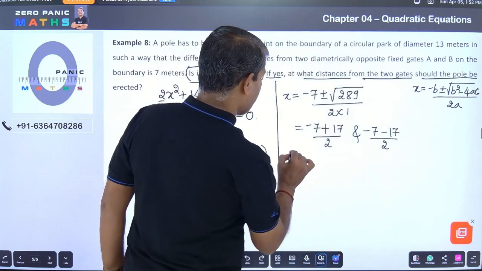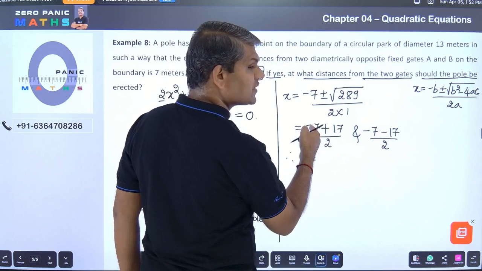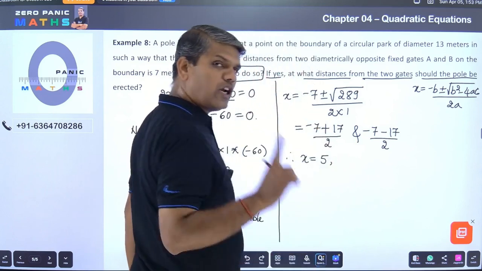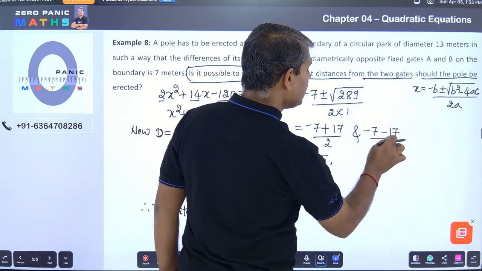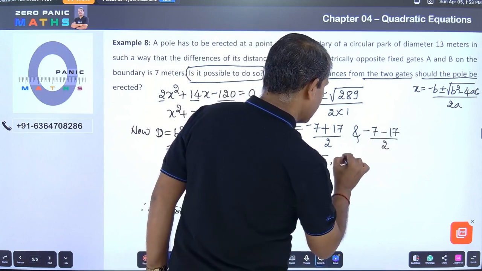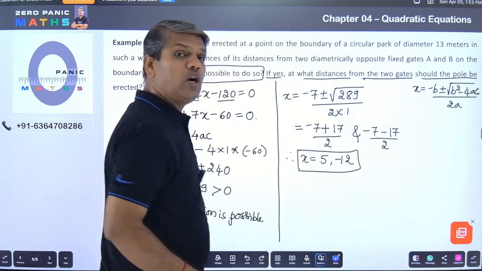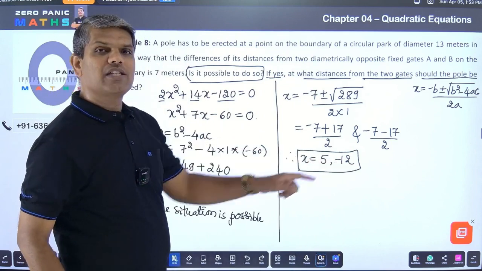Therefore x is equal to 17 minus 7, that is 10 by 2, so x is equal to 5 is one root. The other is minus 24 divided by 2, that is minus 12. So the two real and distinct roots are plus 5 and minus 12.